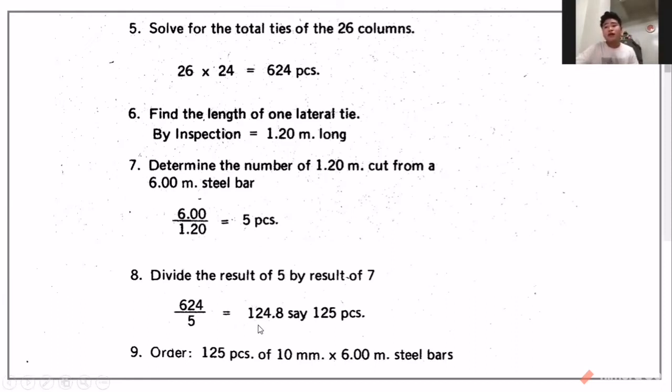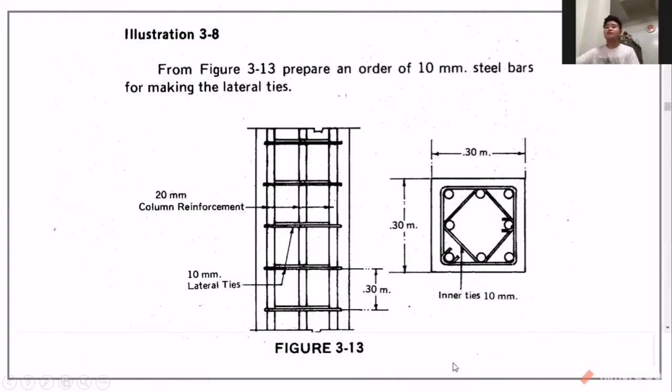So we have 124.8, so we'll just round this off into a whole number. So we've got 125 pieces. So we need 125 pieces of 10 millimeter by 6 meter steel bar. So this is our answer.